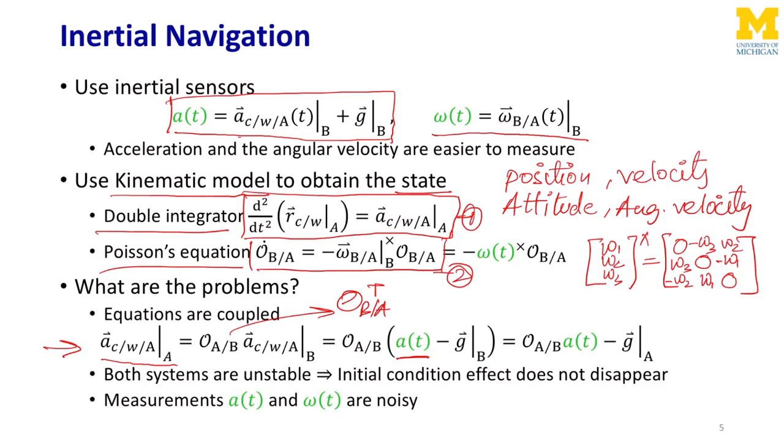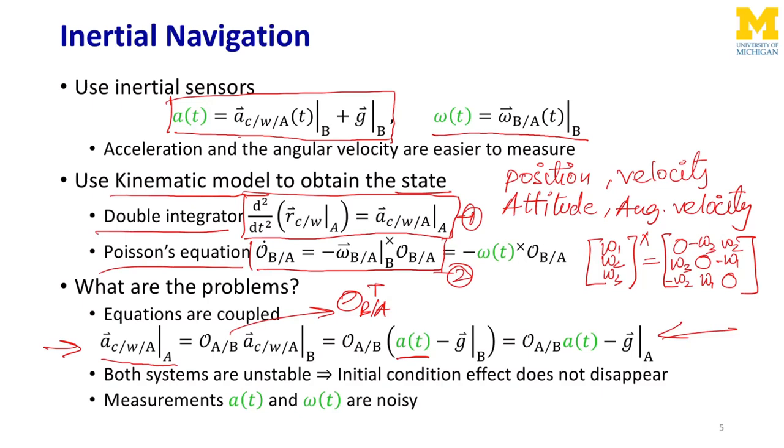Anyway, what we do is we solve the Poisson's equation, and at each time step, Poisson's equation tells you what the orientation is, and using that orientation, we calculate what the gravity is in that frame, and then we use this expression here to get the acceleration in the inertial frame.